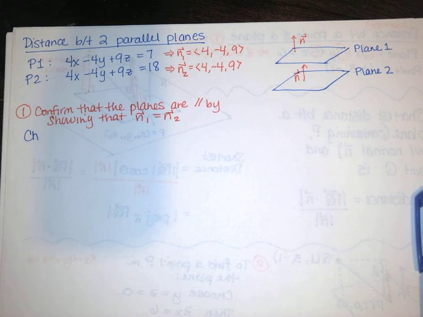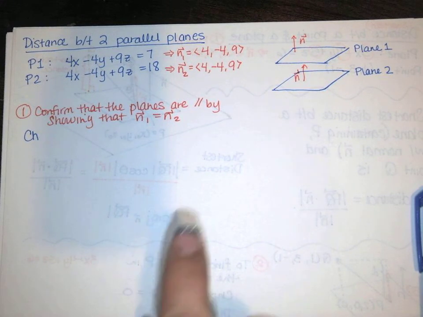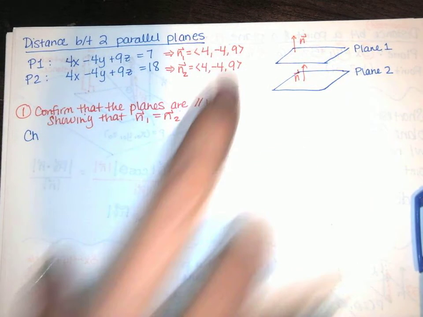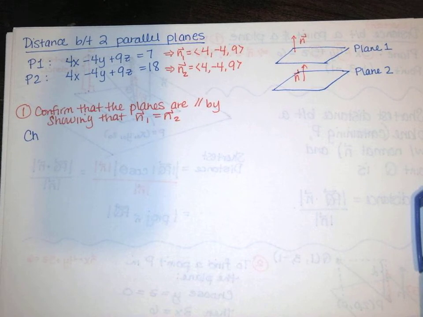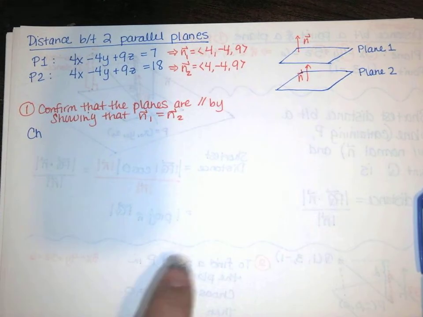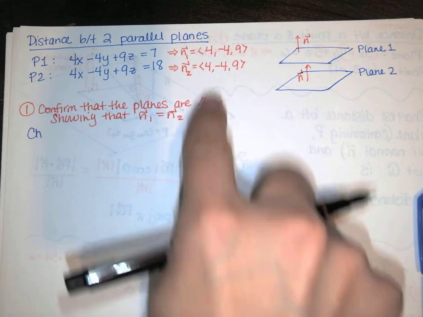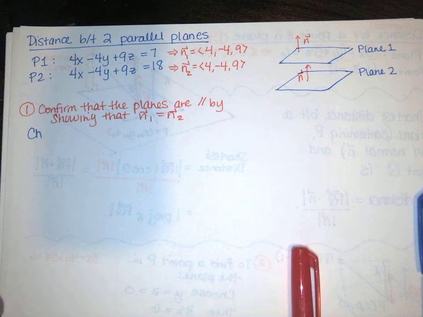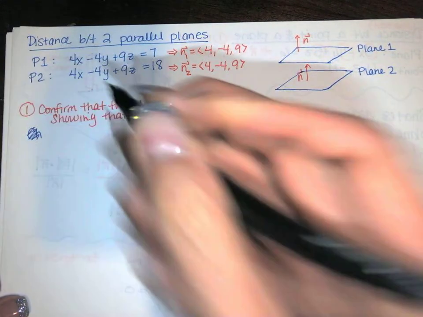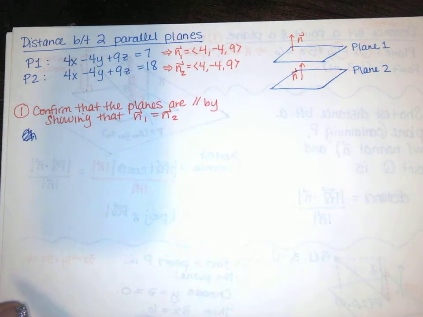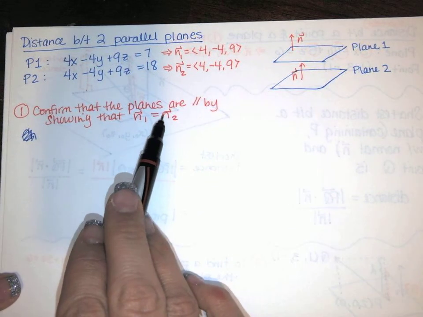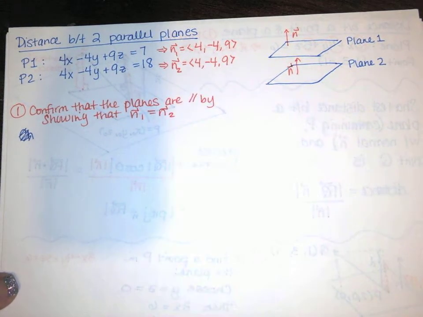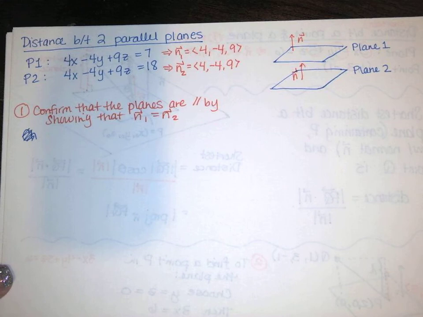And they are. Now, this one could be a constant multiple of this one, and they would still be parallel. If this was multiplied by 2, that normal vector would just be twice as long. Or if it's multiplied by -2, it would be twice as long and in the opposite direction. So, first thing we do is confirm that the planes are parallel by showing that this one is a constant times this one, and it turns out the constant's 1 this time.